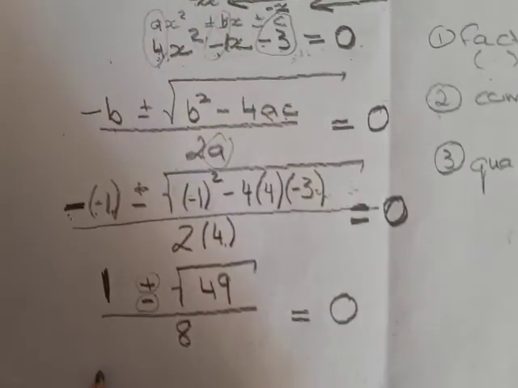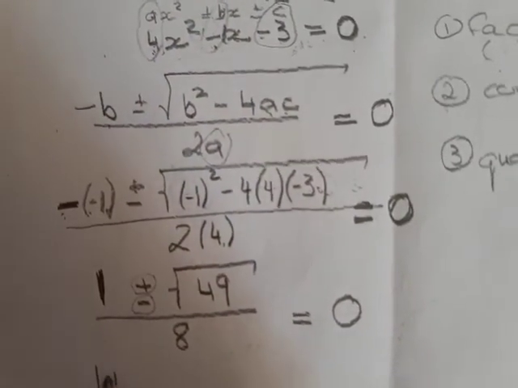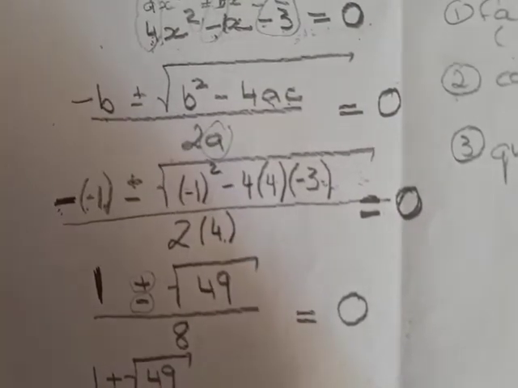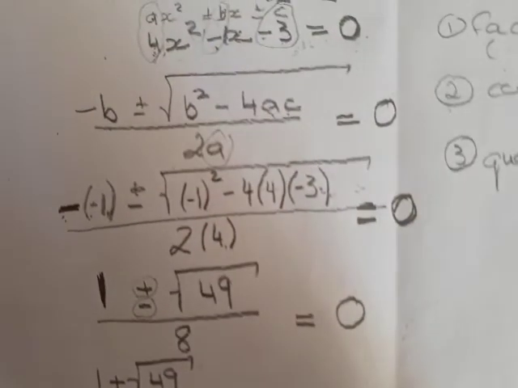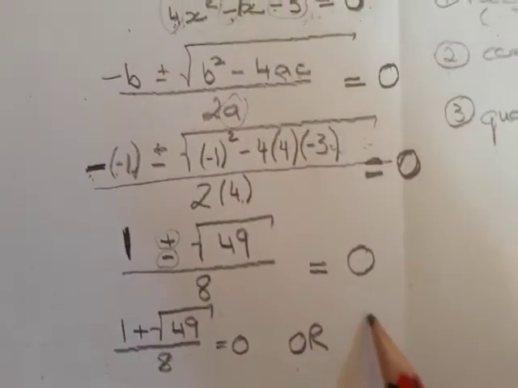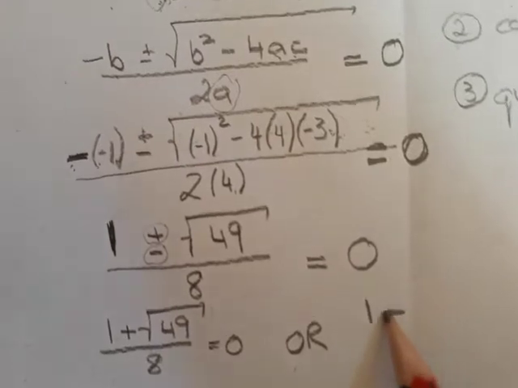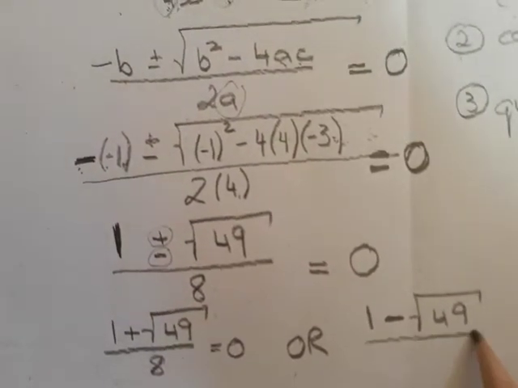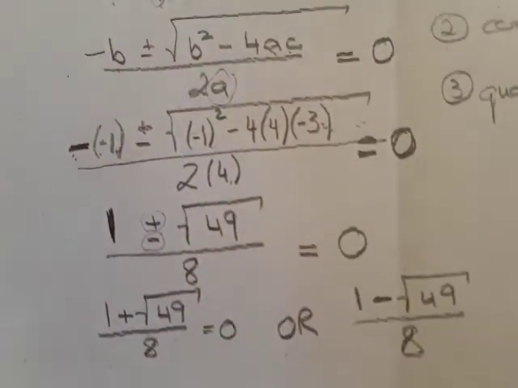So now we rewrite that. We have 1 plus the square root of 49 over 8, which equals 0, or you have 1 minus the square root of 49 over 8. Two possible answers.